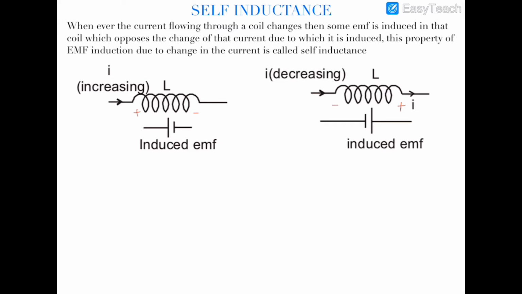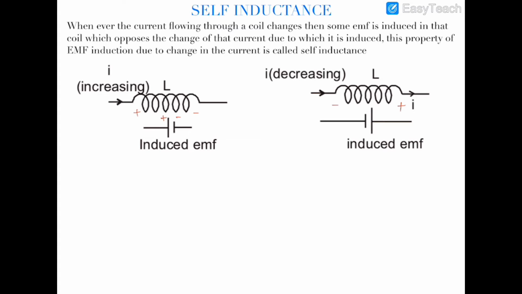So this EMF would be developed with a polarity such that it shows a positive terminal towards the incoming current, so that it is repelled and decreased. So the induced EMF will have this terminal positive and this one negative, and the inductor coil will behave like a cell whose polarities are shown in the figure.